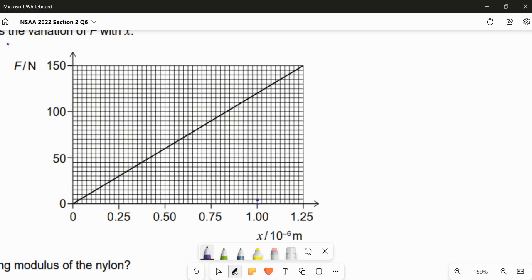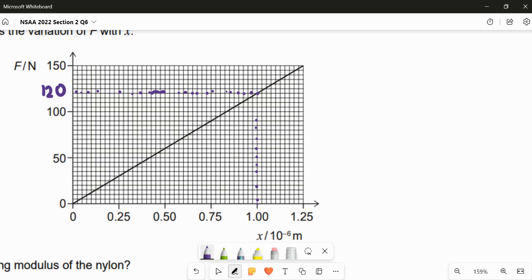So at 1, if we go up here, we get this value, which is how many squares along from 100. So these are divided into 10 squares, and then this is about 4 above, so that would be 120 newtons.